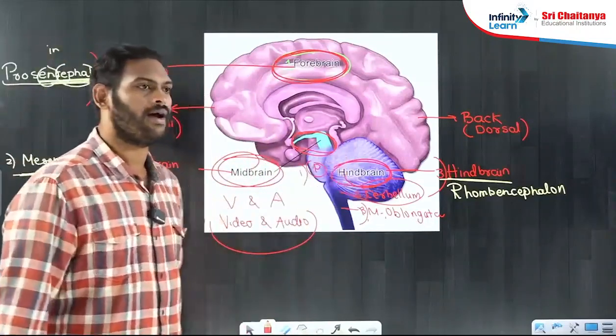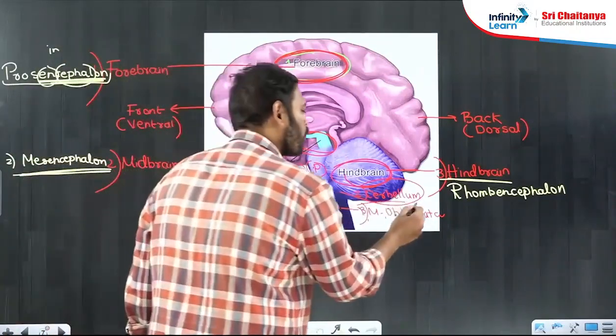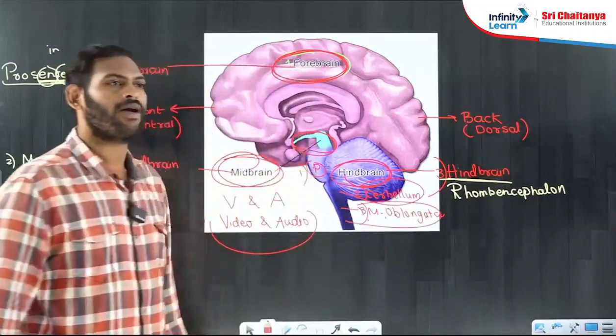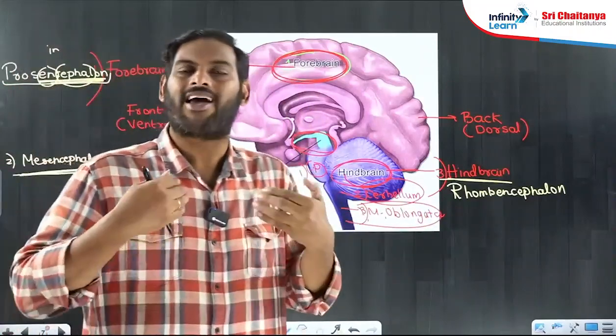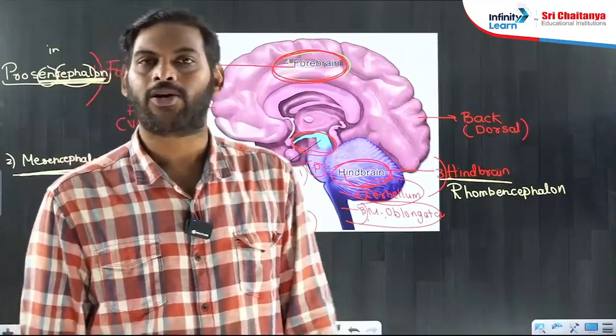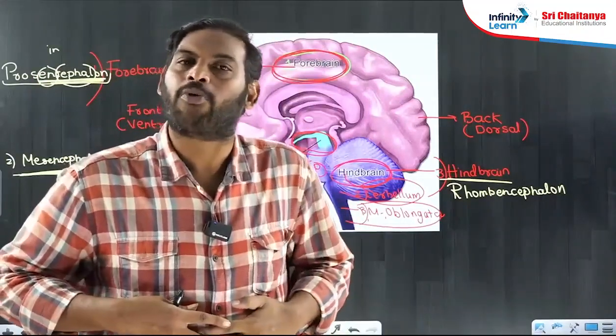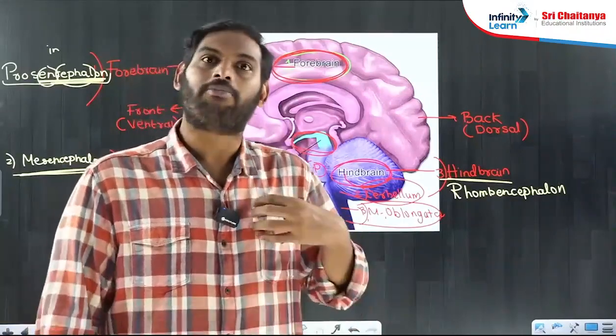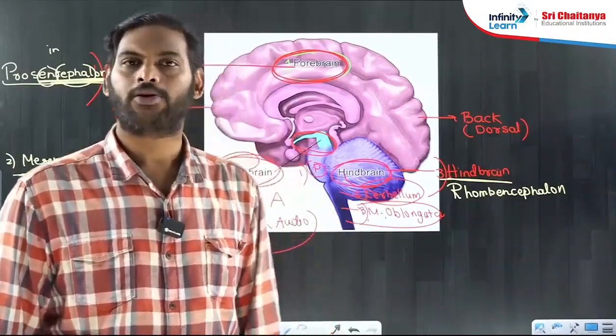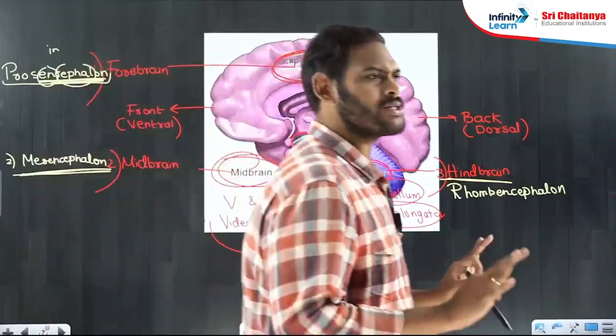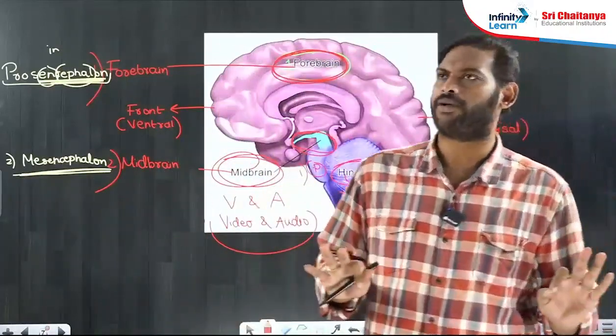Okay? And the last part, medulla oblongata. The medulla oblongata controls reflex actions. It controls your respiration. It controls acids of your body. It controls heartbeat also. So I'm just telling you details. Let us not get into depth of the subject.